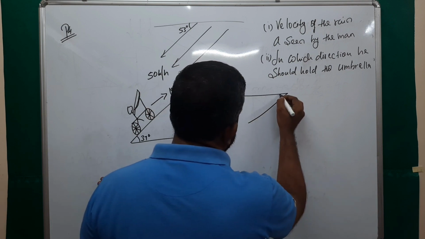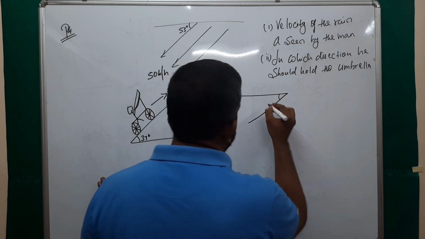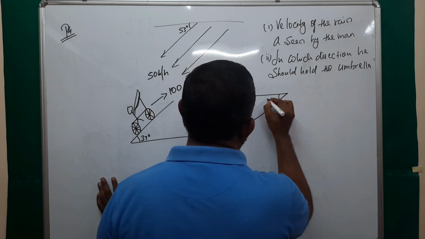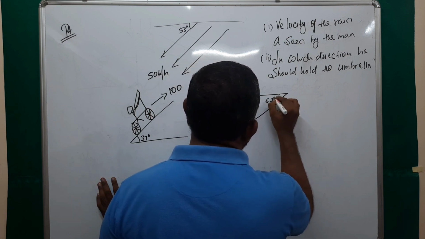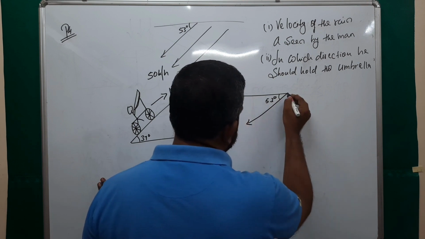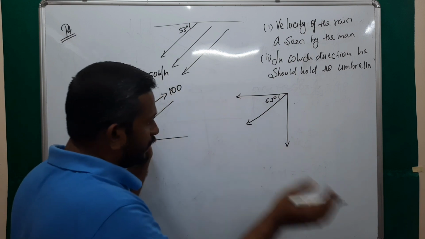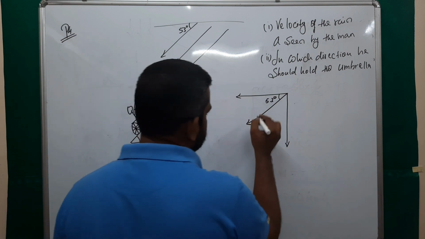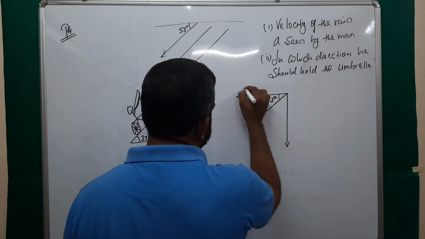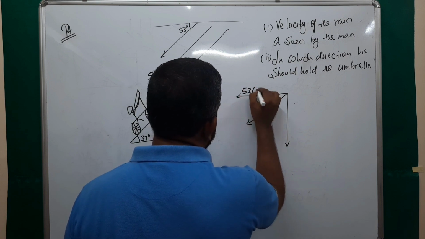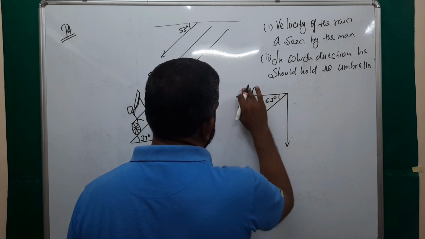So rain is falling with a speed of 50 km per hour at an angle of 53 degrees. So this angle is 53 degrees. The velocity of the rain can be divided into two components.